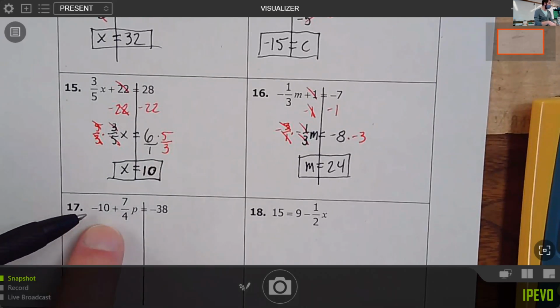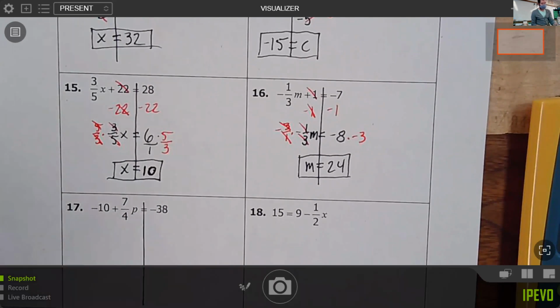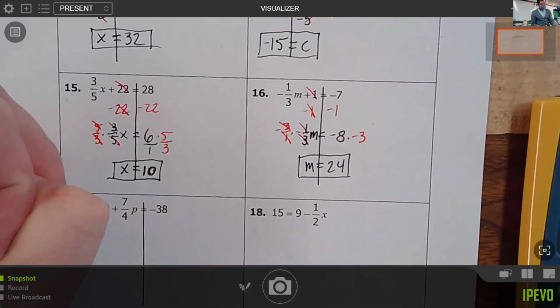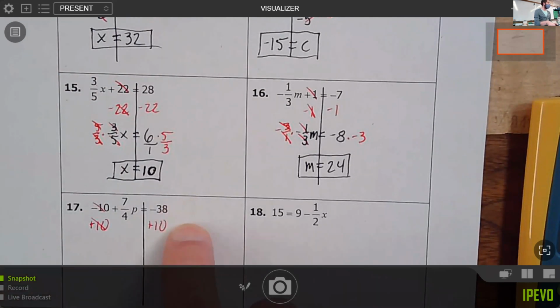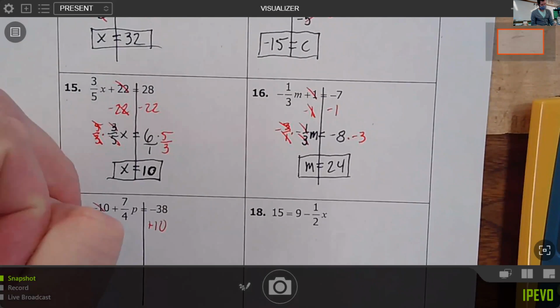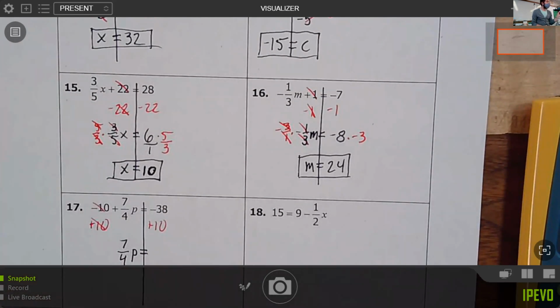That's a negative 10. So if we're going to undo a negative 10, we have to add 10 to both sides. And again, be really careful here with this negative 38 plus 10. If it's not something that you feel confident about using mental math for, use a calculator. What is negative 38 plus 10? Negative 28, good.